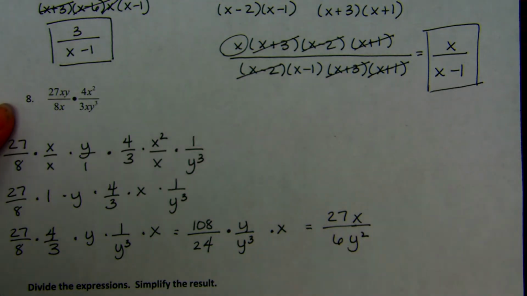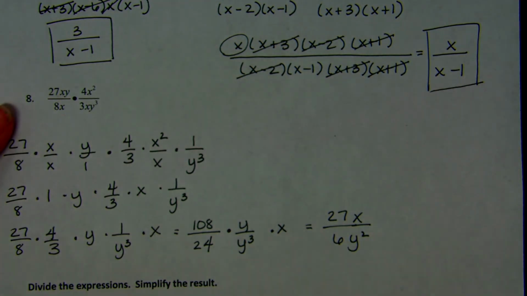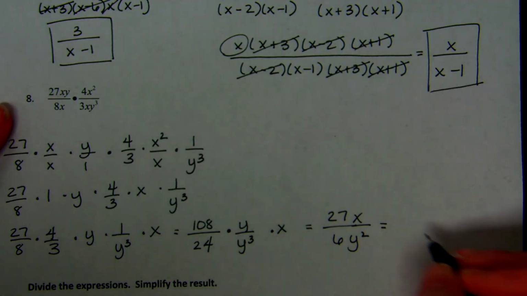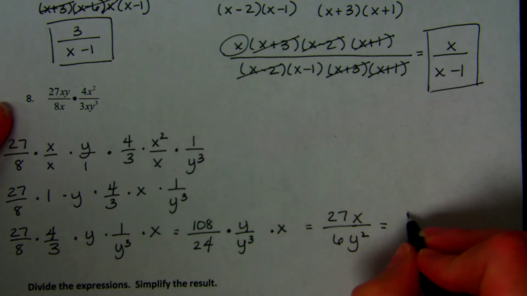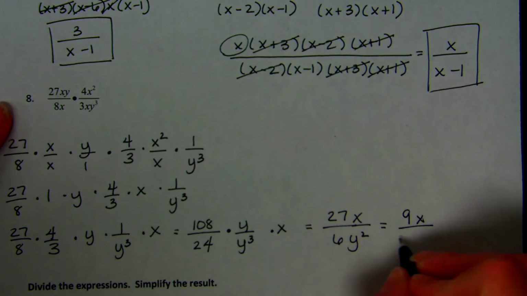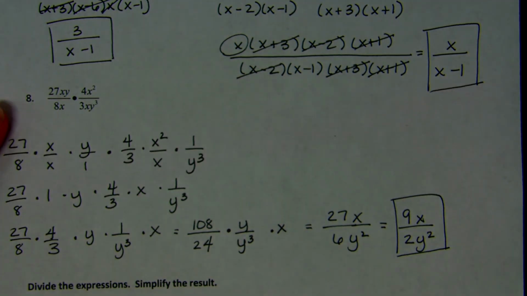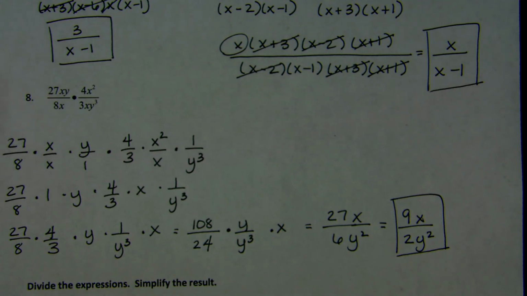And the x goes in the top, like that. 27 and 6 are also both divisible by 3. So if you divide 27 by 3, you get 9x over, and 6 divided by 3 is 2y squared. Like that. And again, remember, this is just a reminder of the stuff we were doing before with exponents.